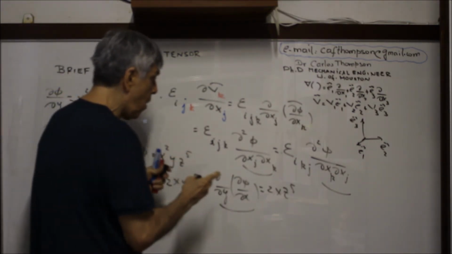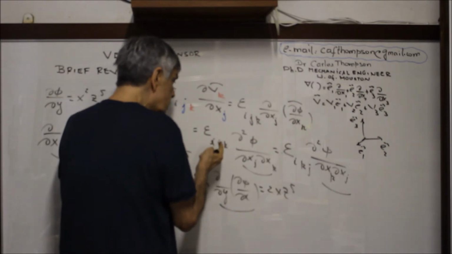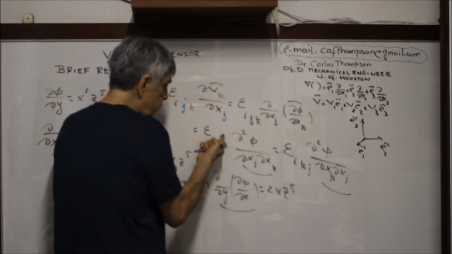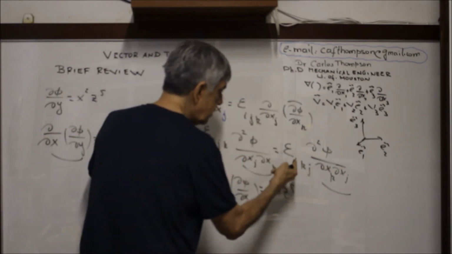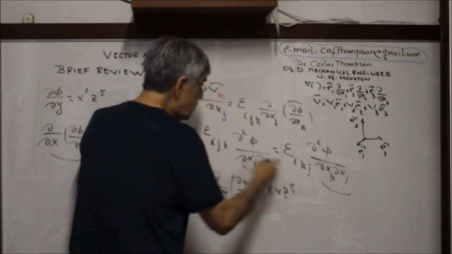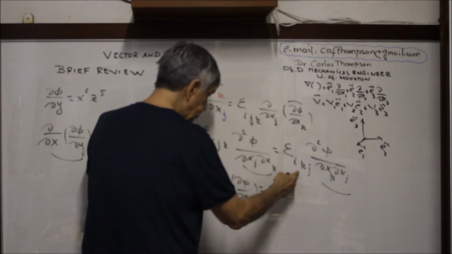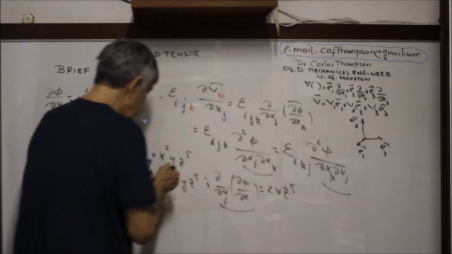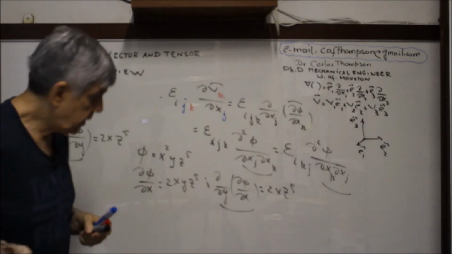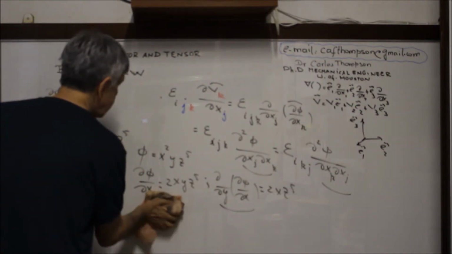Because I moved k just once to the middle, this one is minus. So what we got here is this.